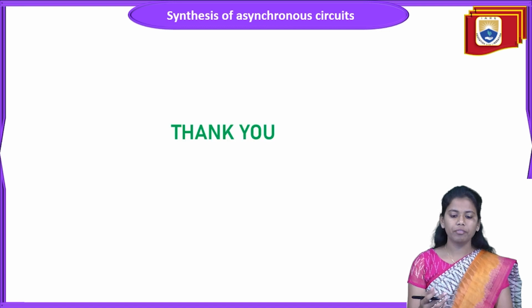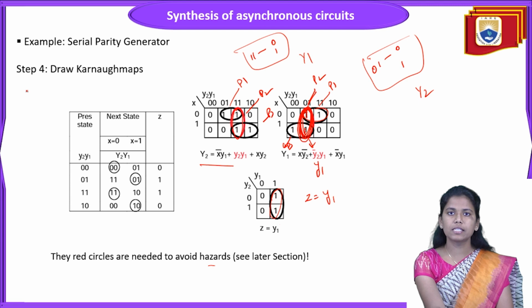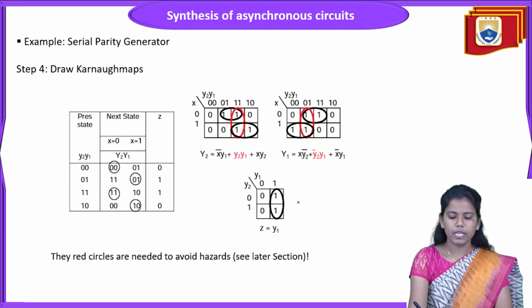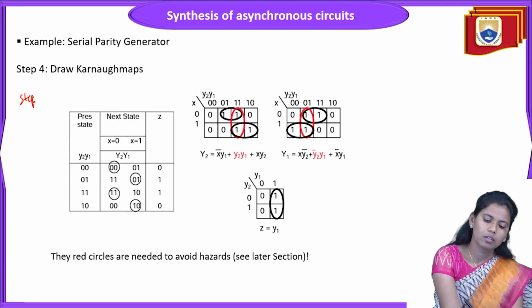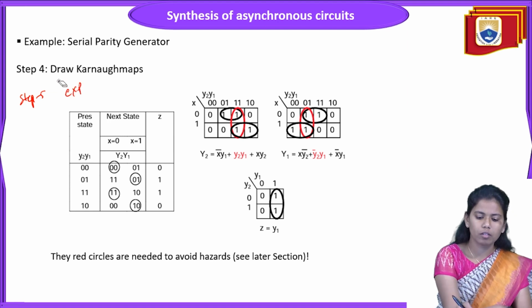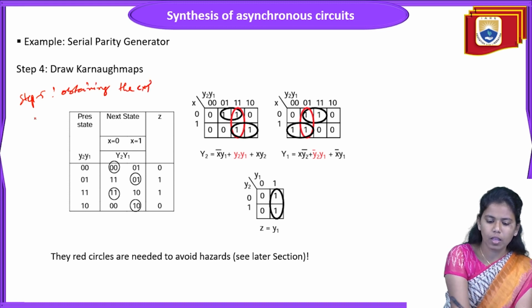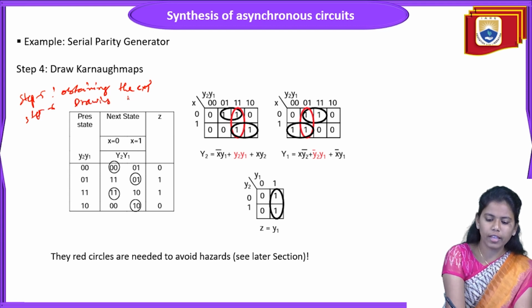Then after step 4, what is step 5? Step 5 is obtaining the expressions, and step 6 is drawing the circuit diagram, isn't it?